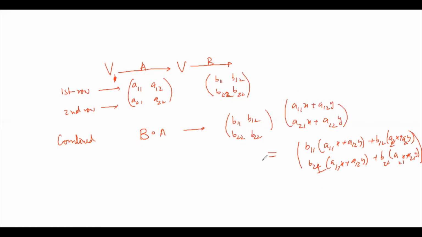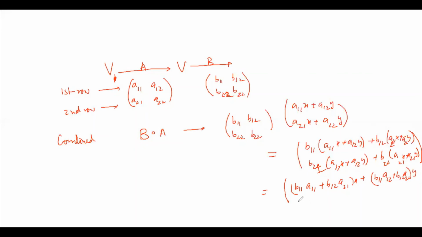So this is the complete transformation now. But if you just combine this, you will get B11 A11 plus B12 A21 times x, plus, what is y now? B11 A12 plus B12 A22 times y.